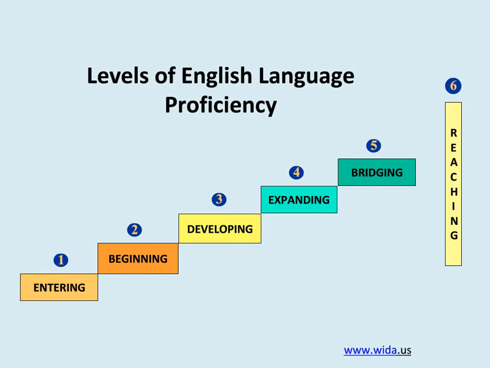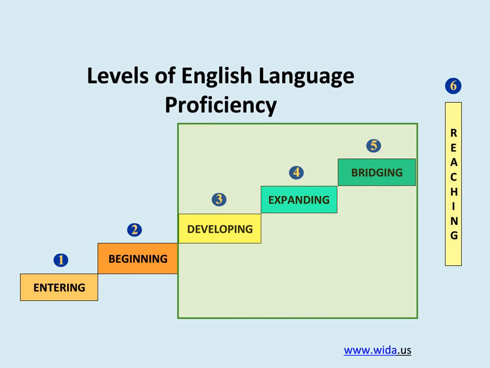Note that the policies set by states or school districts may designate students at a level of proficiency lower than level 6 as functionally able to participate in and benefit from regular classroom instruction. These students may, in fact, be exited from special English language services. Many mainstream classrooms have students at levels 3 and 4.